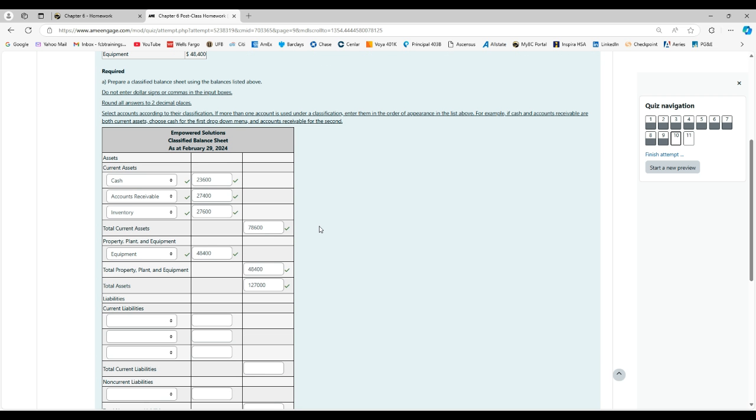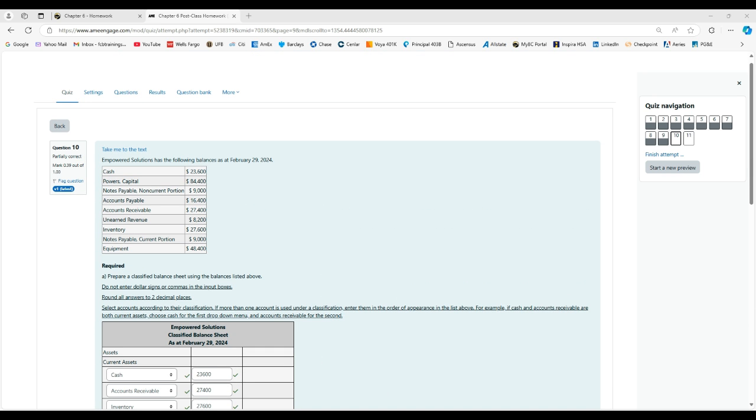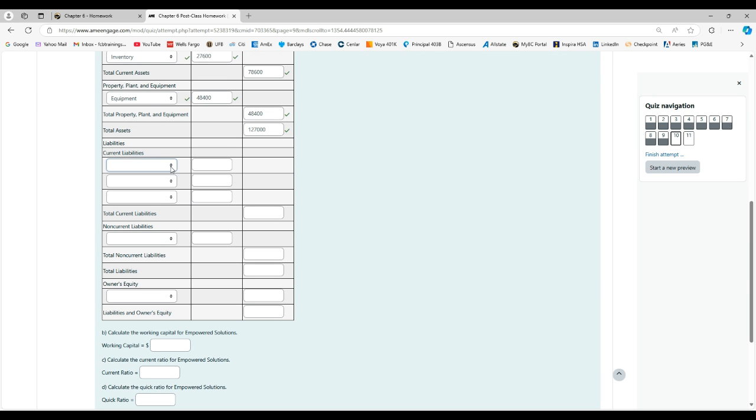Let me check that real quick. Okay, yeah. Now our current liabilities. We've got accounts payable, unearned revenue, and notes payable current portion, and the non-current will be notes payable non-current portion. Accounts payable is $16,400. Unearned revenue is $8,200. Current portion notes payable is $9,000.